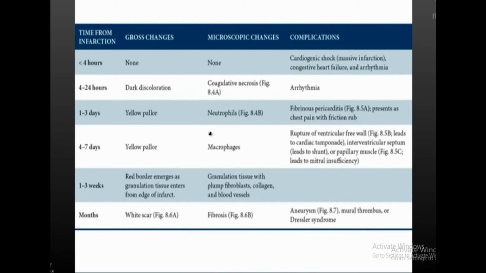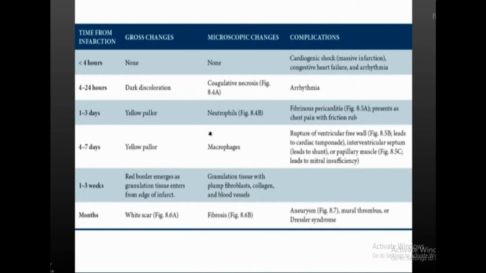Dressler syndrome is an autoimmune disease which happens after 6 to 8 weeks, when the inflammation starts. Our immune system responds to the pericardial antigen, so our immune system produces antibodies against the pericardium.